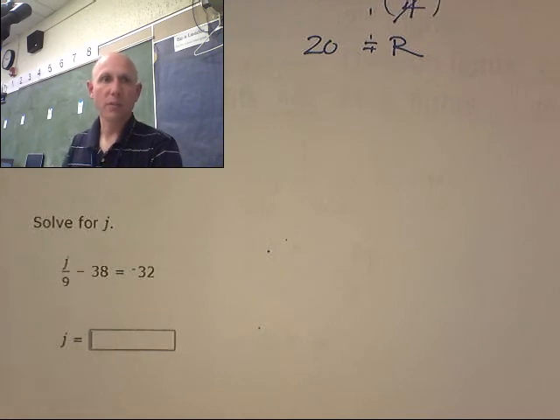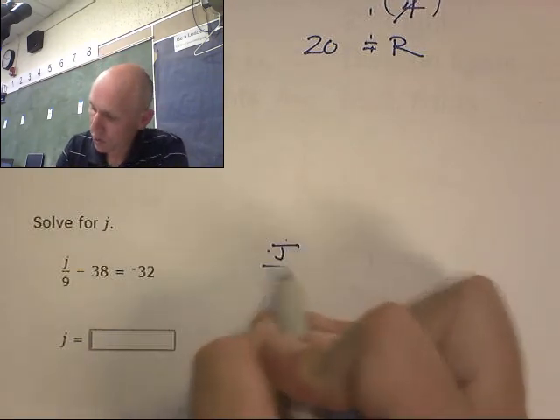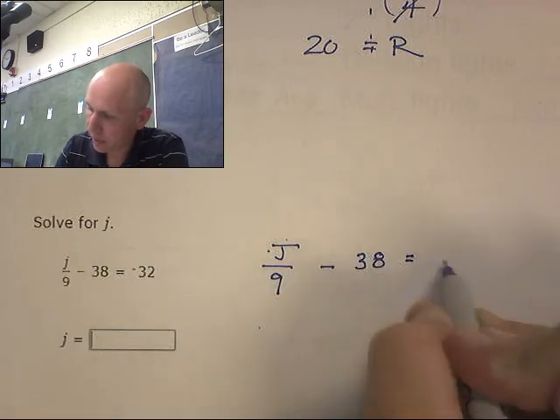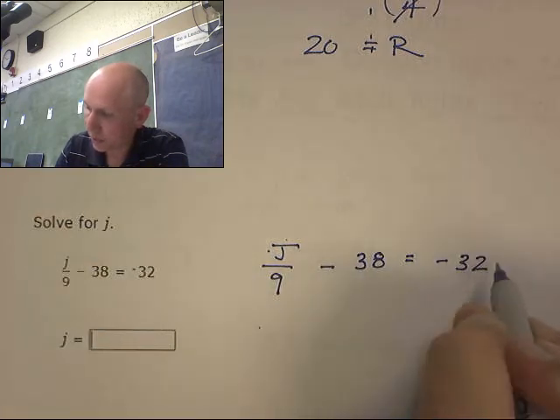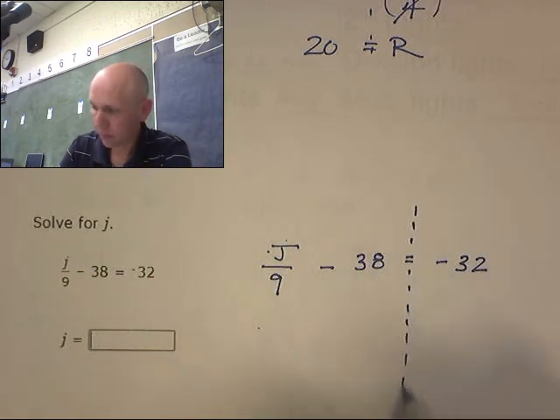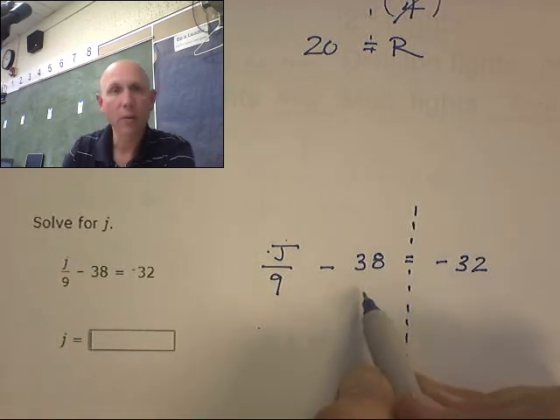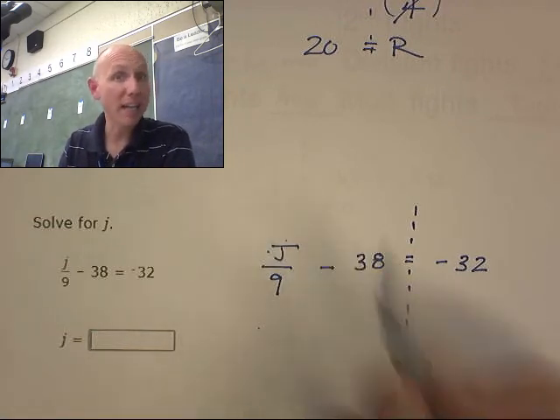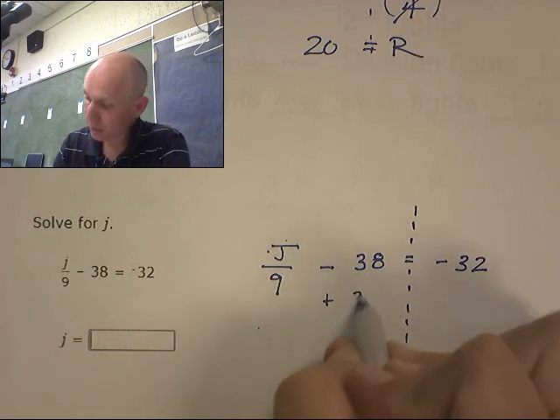And our last one, solve for J. J over 9 minus 38 equals negative 32. Sneaking up on the variable. Start right here with the 38. That 38 is trying to subtract, so I'm going to fight him with a positive 38 and adding 38, so plus 38.